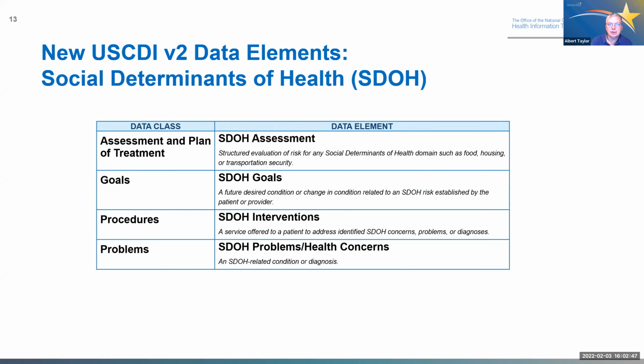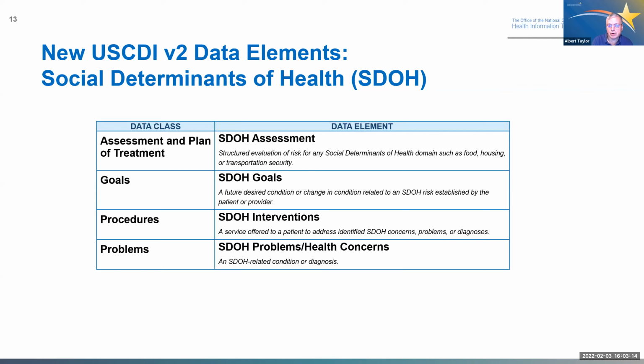Social determinants of health is the other group. We recognize the value of social determinants of health data, which actually represent a subset of different data classes or data elements within USCDI version 1: assessment, goals, interventions, or procedures, along with problems or health concerns.